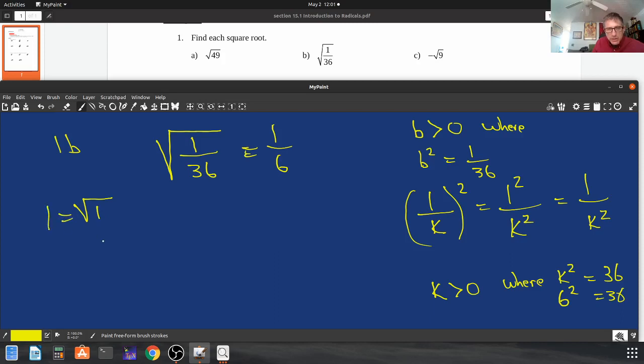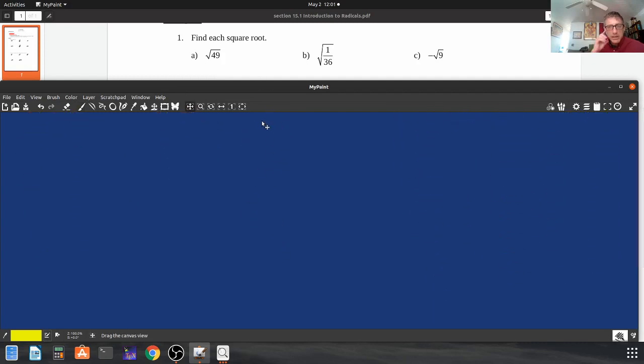Then you look at the denominator and find its square root, and the positive square root of 36 is 6. So it turns out the square root of 1 divided by 36 is exactly the same as the square root of the numerator divided by the square root of the denominator. As a matter of fact, the equivalence of these two will be given to you later on. But for right now, we're just getting used to using positive and negative, and getting used to using the definition.